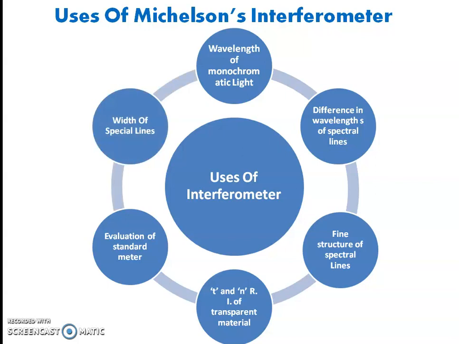Then it can be used to determine the width of spectral lines also. If a source of light consisting of two slightly different wavelengths lambda 1 and lambda 2 is used, then two sets of fringes corresponding to lambda 1 and lambda 2 are produced in a Michelson's interferometer. So these are different applications of Michelson's interferometer.